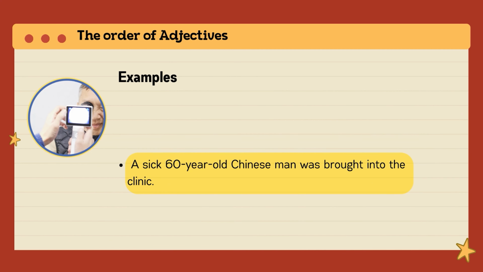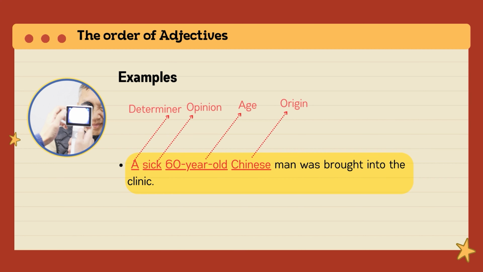Number three. A 60-year-old Chinese man was brought into the clinic. Let us identify the noun that is being described. It is the man, right? What about the man? He's alone. He's just one. A sick 60-year-old Chinese man.